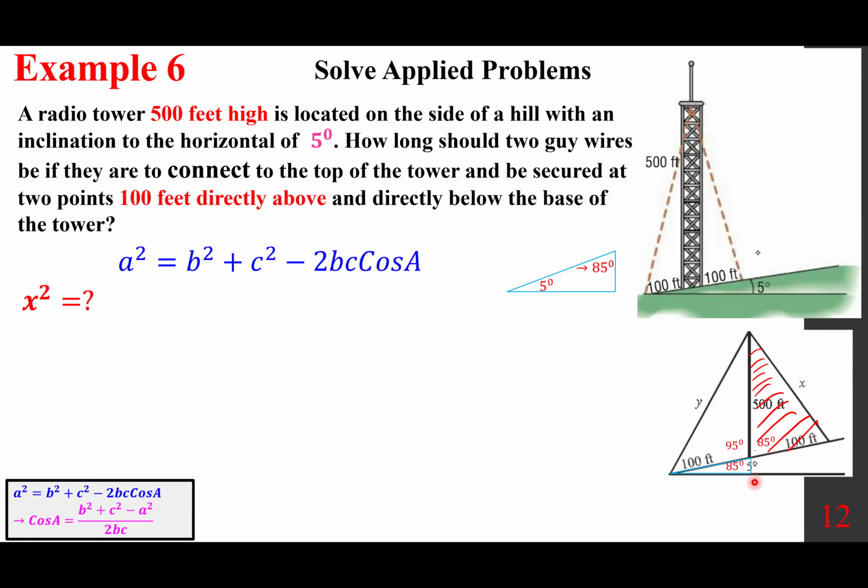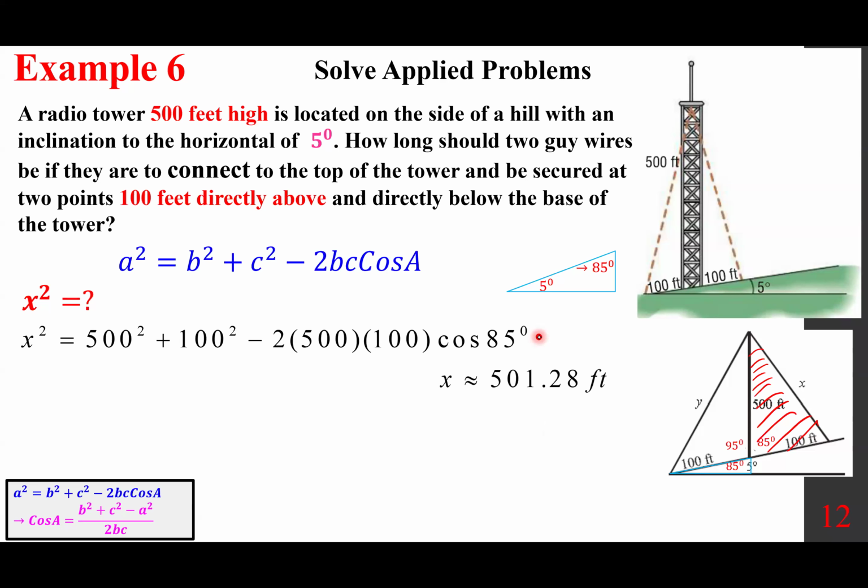So you're going to say 500 squared plus 100 squared minus 2 times the product of the two and cosine of 85 degrees, right? You're going to work it out, take a root, and x becomes 501.28. Again, at this point, the idea is to be able to set it up, then the rest becomes elementary.